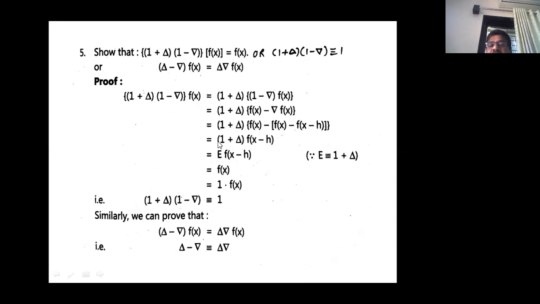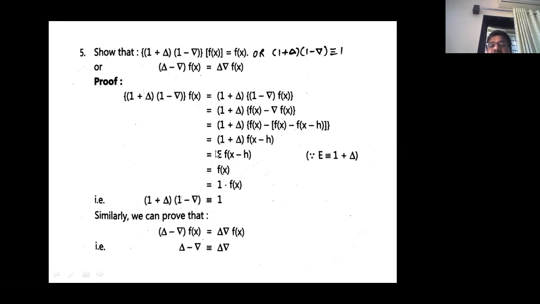Then this is equal to what? Here the value of E is 1 plus Δ, but don't write the value of this as 1 plus Δ, write it as E. In another method, what do we have? We multiply this f of x minus h in the bracket. So what we have is f of x minus h plus Δ f of x minus h. And what is Δ f of x minus h? It is fx, that is the value at the next point, minus f of x minus h.